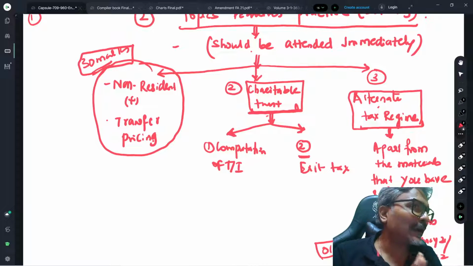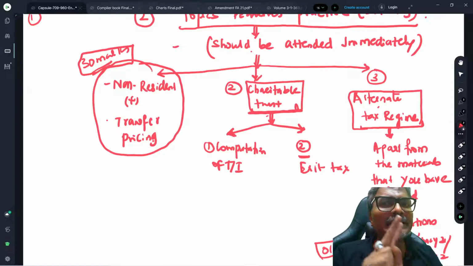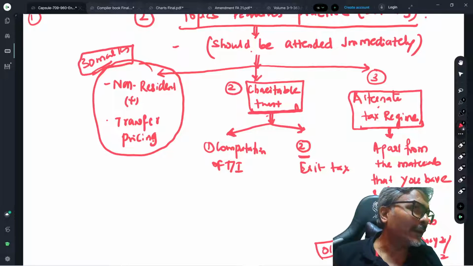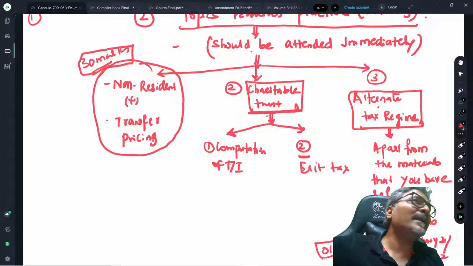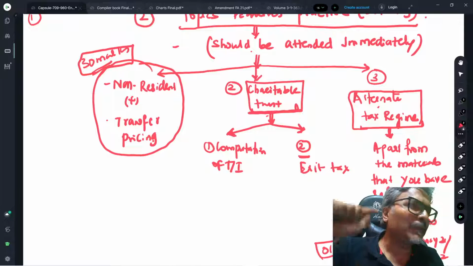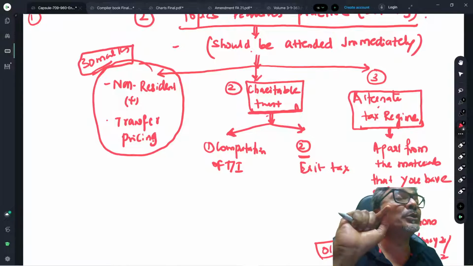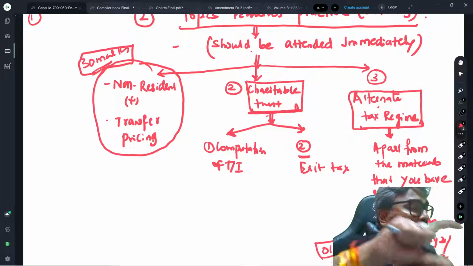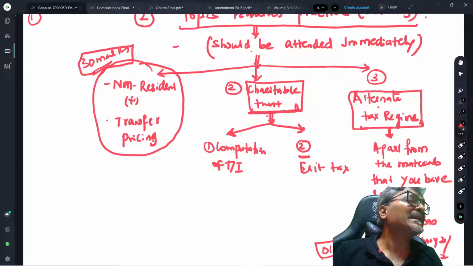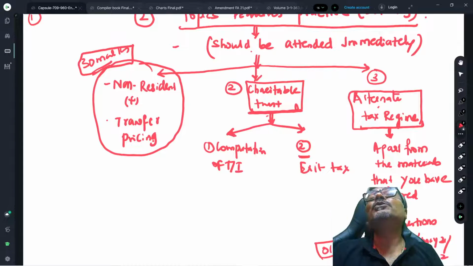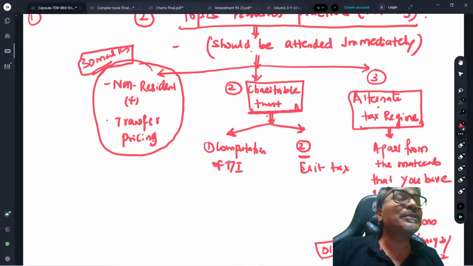If you cannot solve these topics within the time allotted, you will end up only attempting 70 to 75 marks. You will not be in a position to touch that 90 marks in a lengthy paper of direct tax. So you need to at least ensure that the few topics of direct tax which you will always find in the examination, you should be in a position to complete within the time which is stipulated.